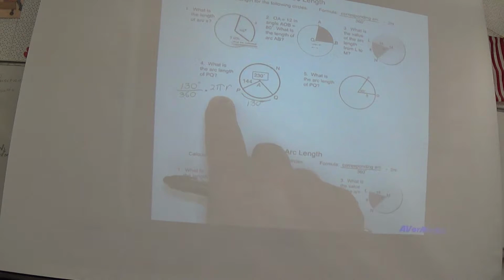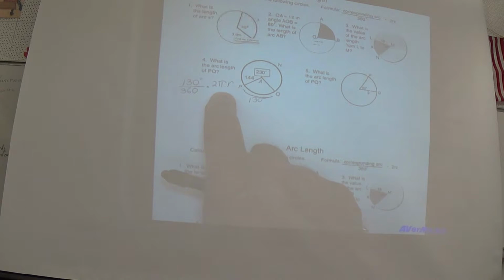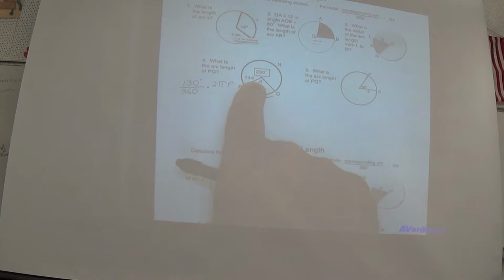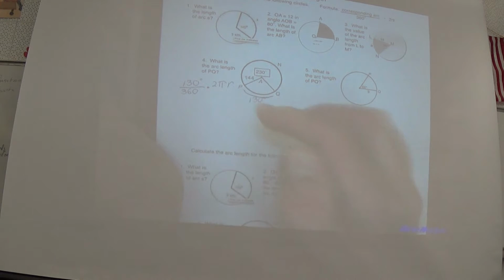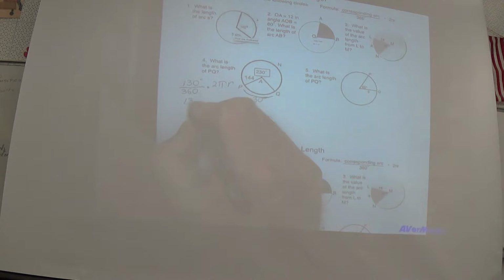We know what our radius is in this case because it is 144. So this is going to be a fairly big number, right? 144. Yep. So it's really 130 over 360 times 2 pi times 144.